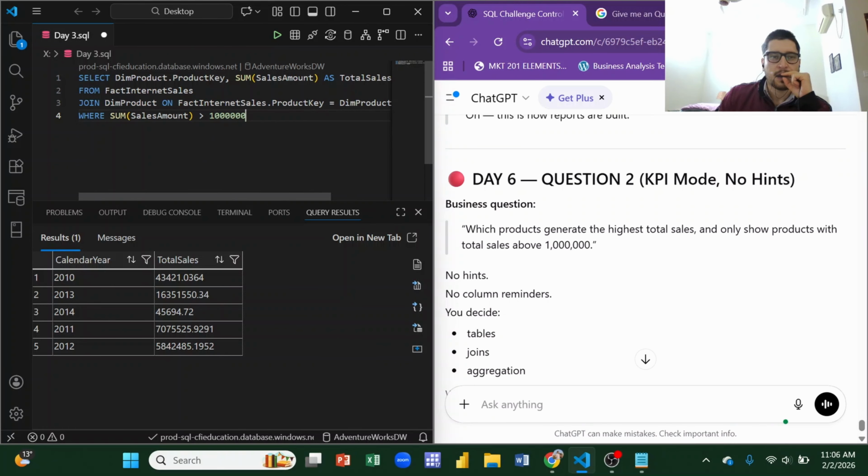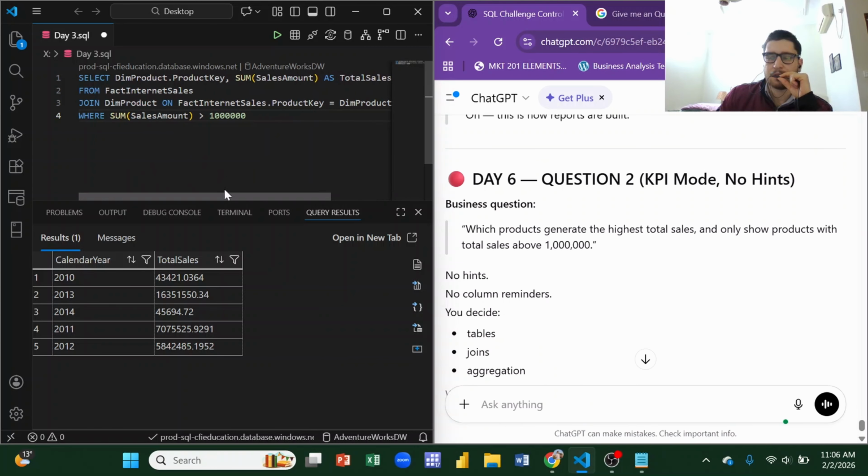After that I have used a join, and I have joined the product table on the fact internet sales product key, which is the foreign key in the fact table, equals to the primary key in the dimension table.